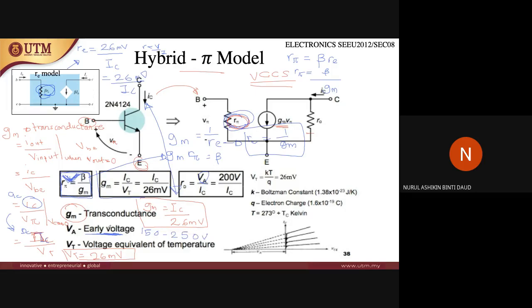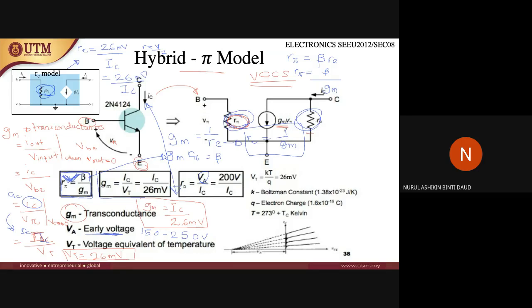This is the early voltage, and usually it is given inside the circuit information. In this case, they are using 200 volts divided by IC to find the value of RO. In this case, RO is not large, so it can be calculated.